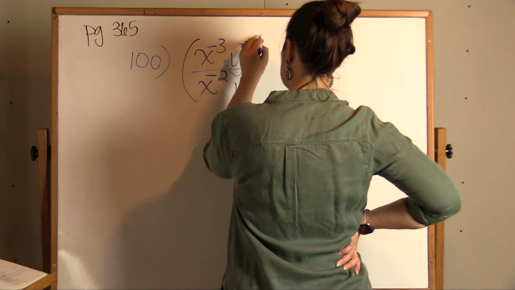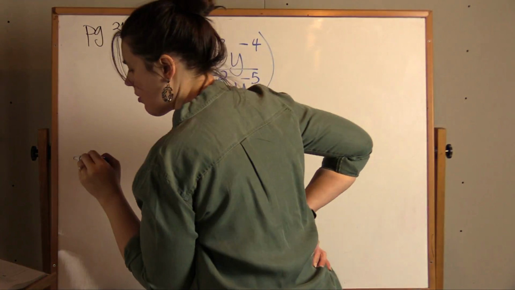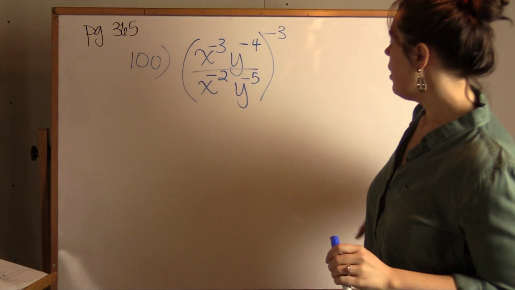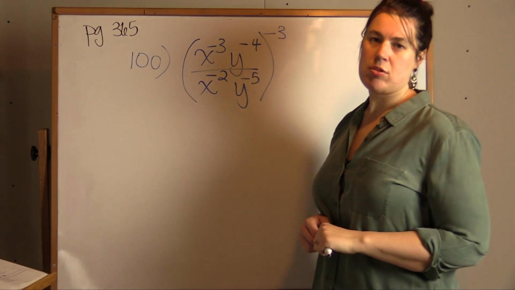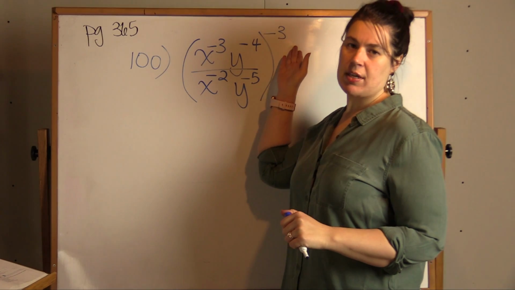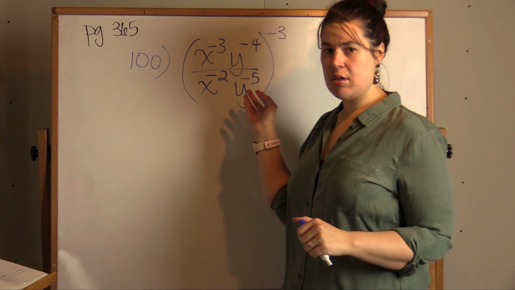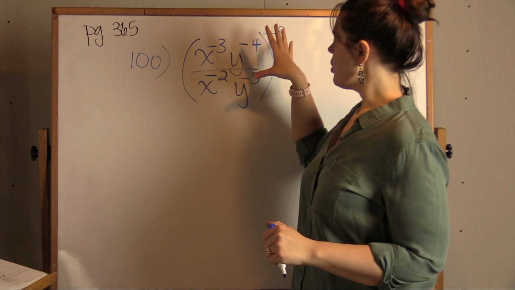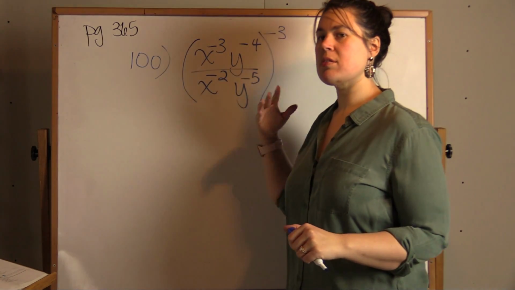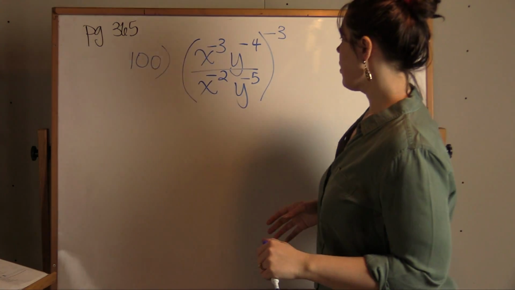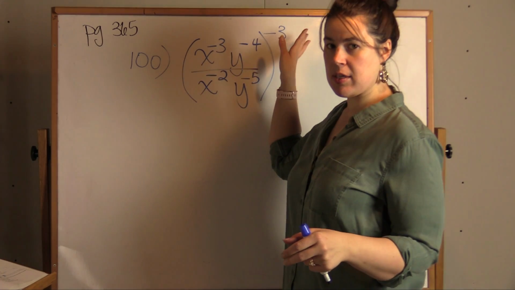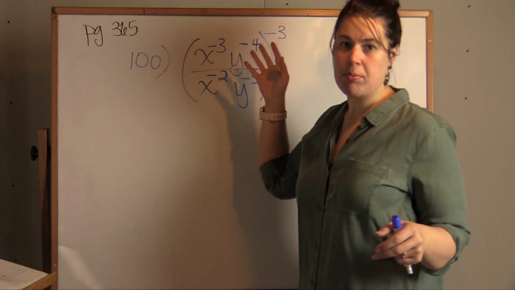So what does it mean when you have a negative exponent? All right, so there's really two ways you can go about this. You can fix the negative exponent on the outside first, or you can switch the negative exponents on the inside, or you can also use the rule of a power raised to a power is to multiply it.